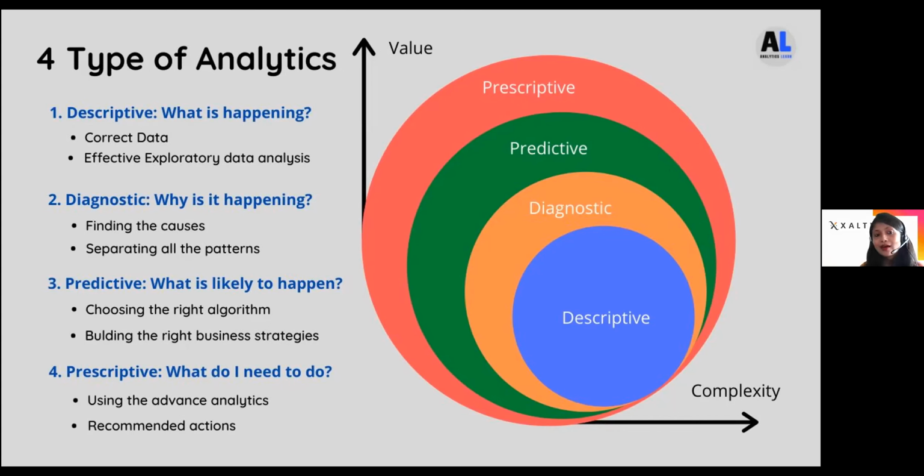The final type of analytics that I'm going to discuss here is prescriptive analytics, which is the best that can happen, meaning you're optimizing your results and your business decisions, and you use a lot of powerful methodologies and recommend certain actions. That's the bigger circle that you see, and that is adding a lot of value to your business analysis, and that's a bit more complex as well.